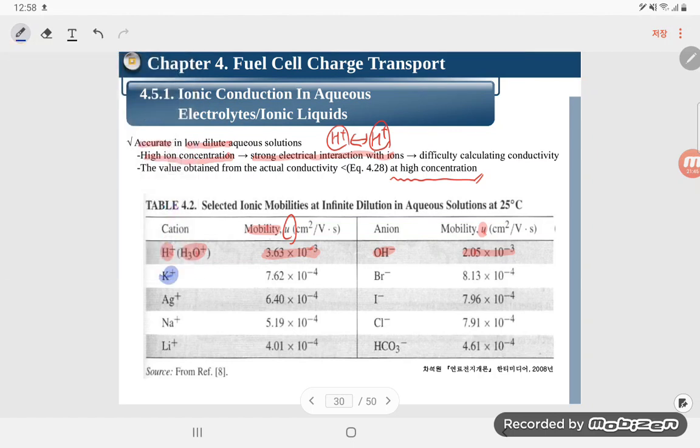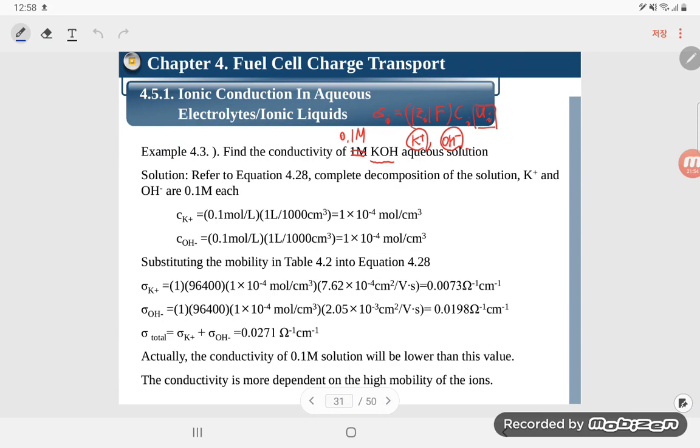We can find the mobility of the potassium ion, and also of the hydroxide ion. So now we can find u i for each species. And what is the concentration then? The concentration of each species is 0.1 mole per liter.